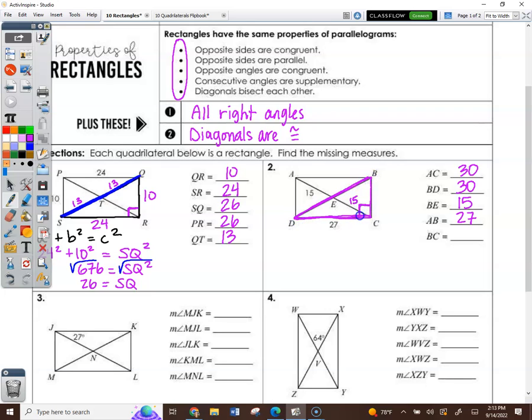There's the right angle. This is the goal. This is 27. What was the whole thing here? I'm going to write it right in the middle so that I don't confuse myself. Set it up. We got a squared plus b squared equals c squared. What has to go in c? 30. Right?